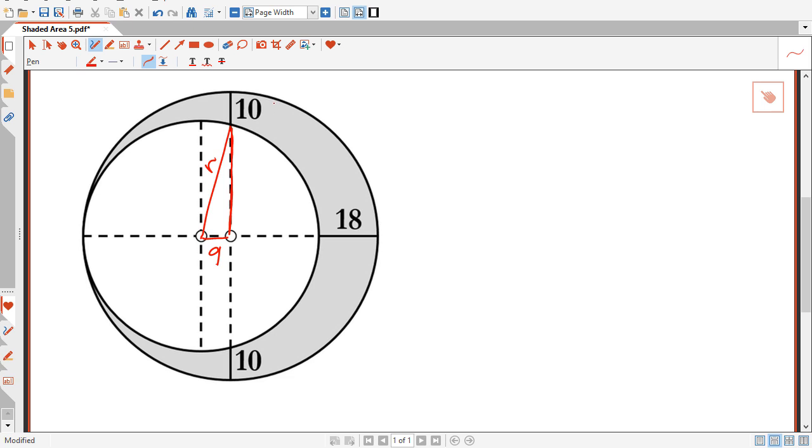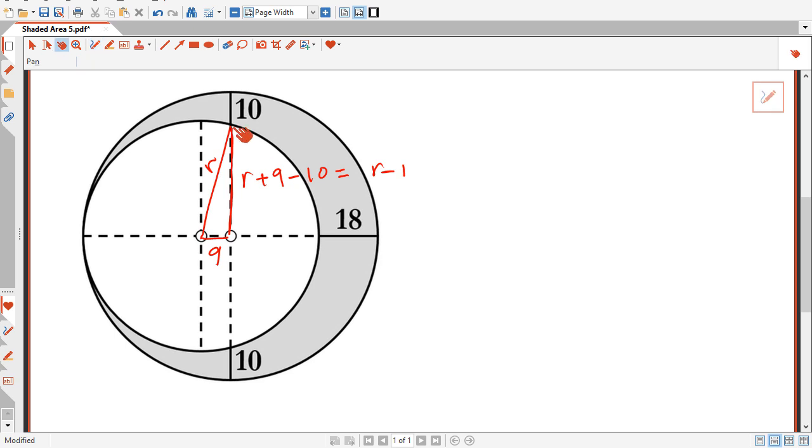Okay, now the radius of the outer circle is r plus 9, and this length here is going to be equal to r plus 9 minus 10. So this whole thing is going to be equal to r plus 9 minus 10, and that's going to be equal to r minus 1.